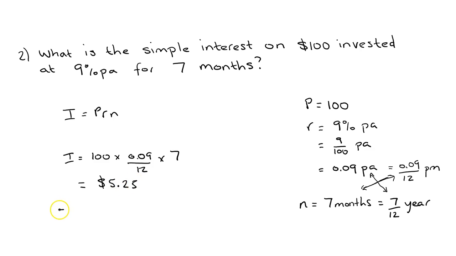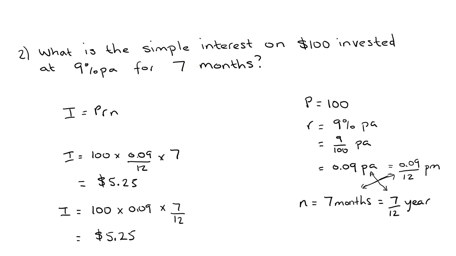Now, alternatively, if I had used the annual interest rate with the fraction of the year, R is 0.09 times 7/12 of a year, and it works out to be exactly the same amount. So it doesn't matter which one you change, you just have to make sure that they are both in the same time periods. And that's calculating the simple interest on our $100 at 9% per annum for 7 months.